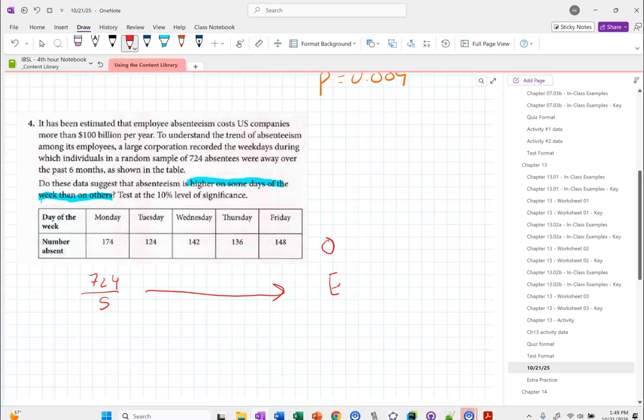Does that make sense? Would you want to do 5 separate t-tests? No. How about just one goodness of fit test to see if equally likely fits the data? That's how I knew it was a chi-squared goodness of fit rather than a t-test. So a t-test can compare one category of a variable to one category of a variable, but to compare an entire variable against the known standard, that's a goodness of fit test.